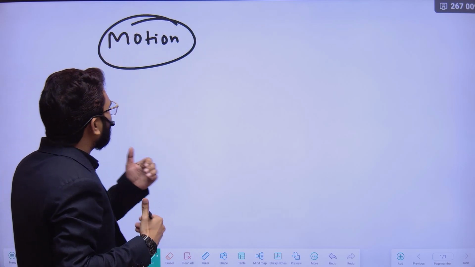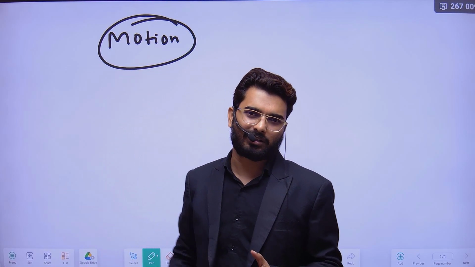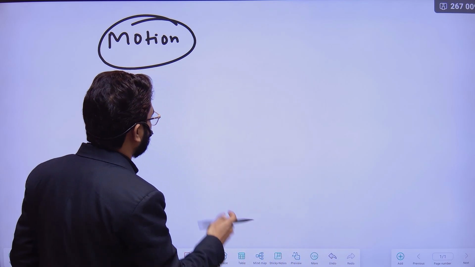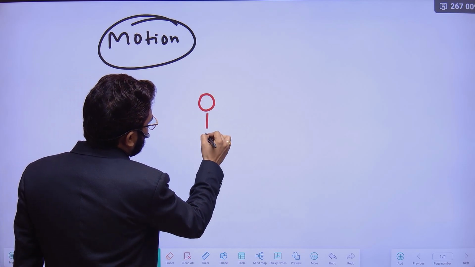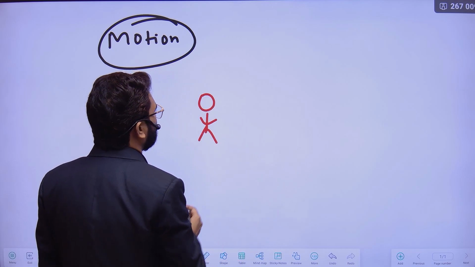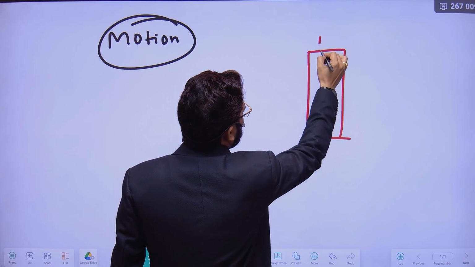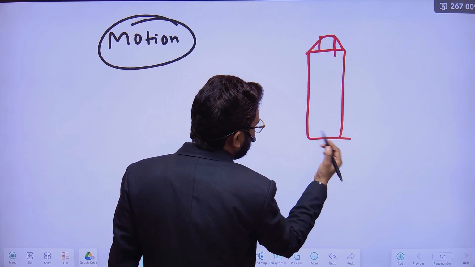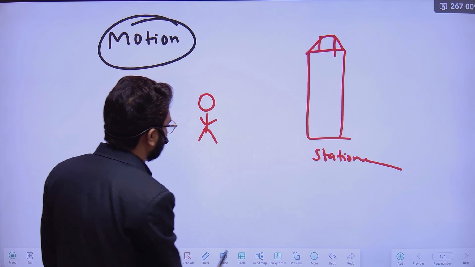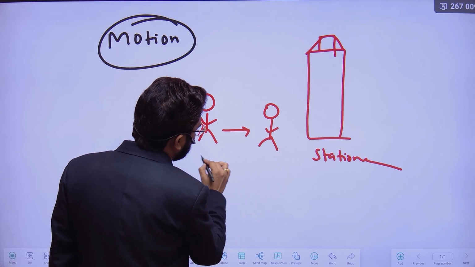When any object is moving with respect to any stationary object, that means there is a change in the position of that object. Let me suppose this is a person moving with respect to this one, and this is the stationary object, that is not moving, and this is moving from here to here, right?